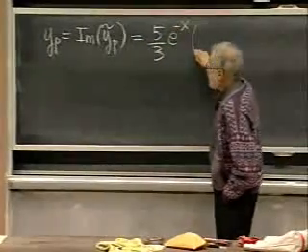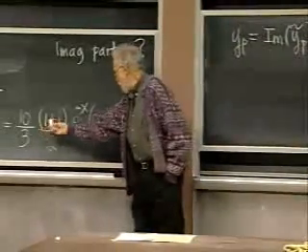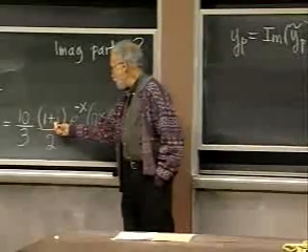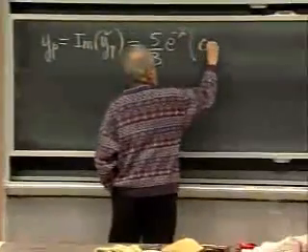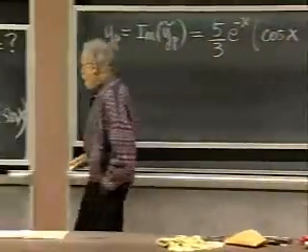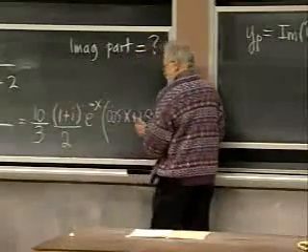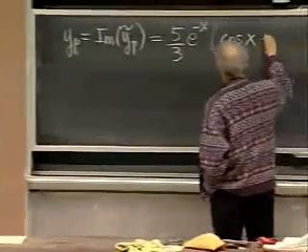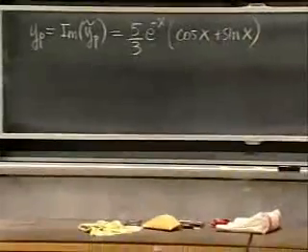And then the rest is simply a question of seeing what's left. Well, it's 1. I want the imaginary part. So the imaginary part is going to be 1 times cosine x. And then the other imaginary part comes from these two pieces, which is 1 times sine x. That should be the particular solution.